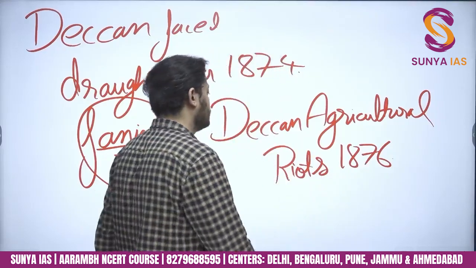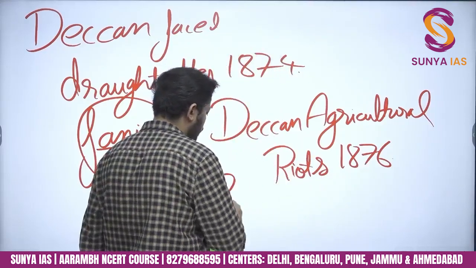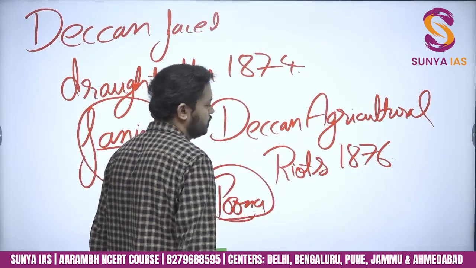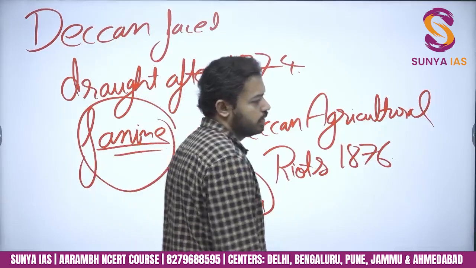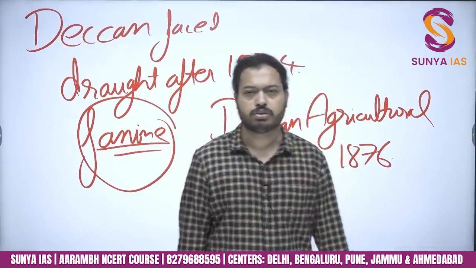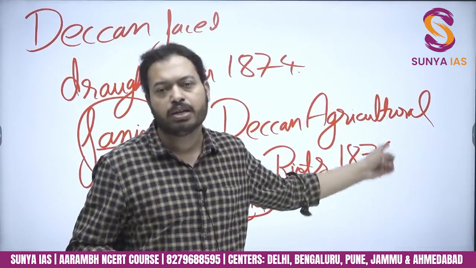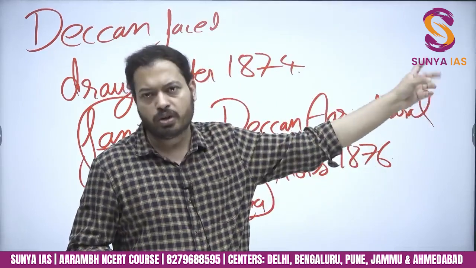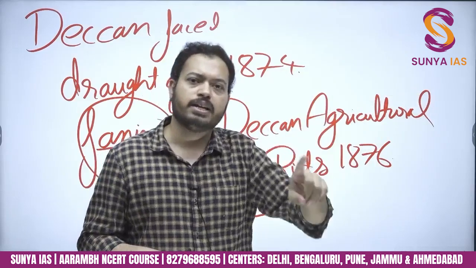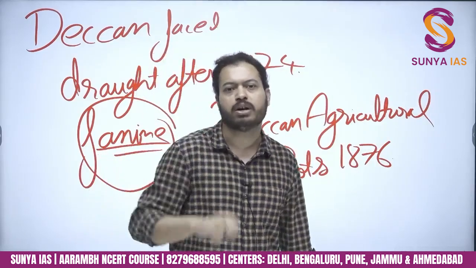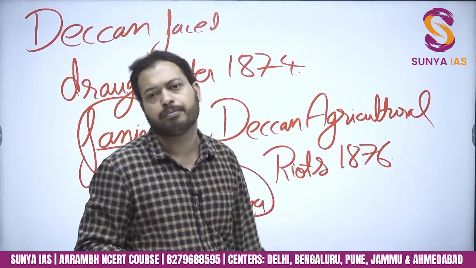Similarly, this time the intelligentsia from Pune, because in Deccan, Pune was the center of the native intelligentsia, came forward and supported people in their cause, and they raised the question in the judicial system. Just like the judicial system was used in Bengal in 1859-1860, from 1876 onwards the judicial system was used in Bombay and Pune for the people in Deccan.